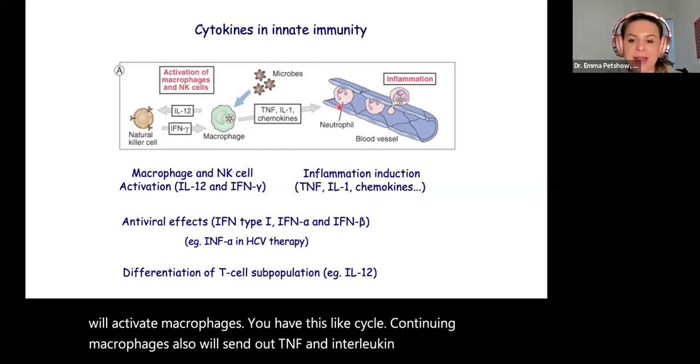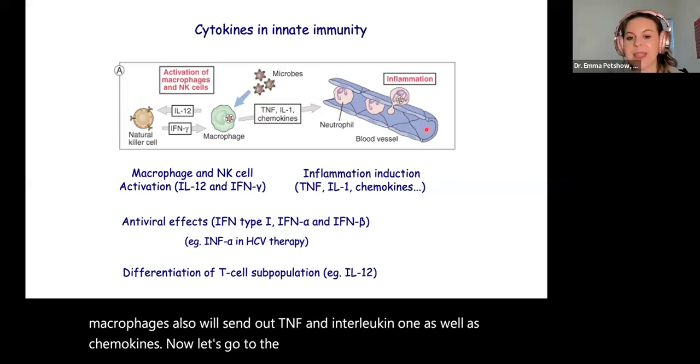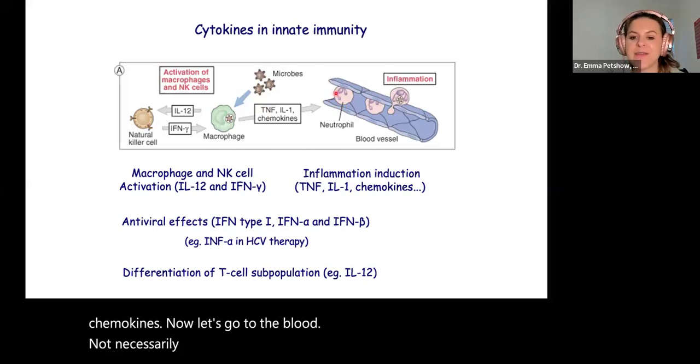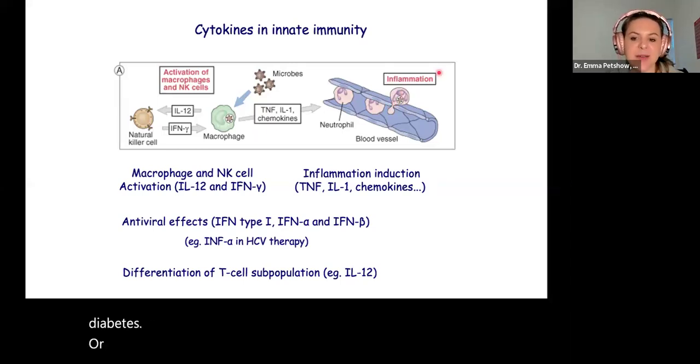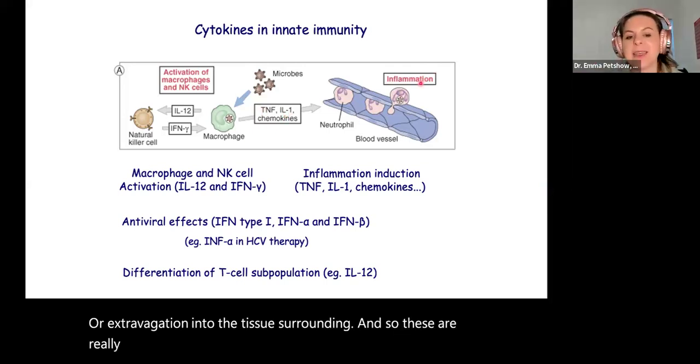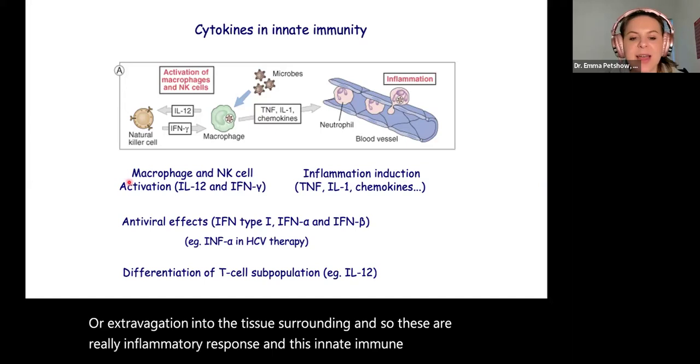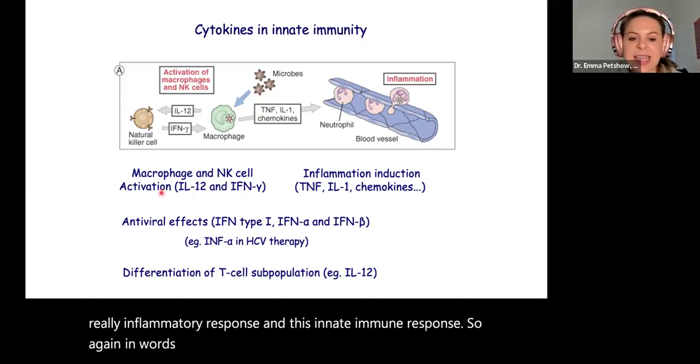Now let's go to the blood, not necessarily locally. And that's going to help neutrophils identify where to come to and where to move out of the blood vessel via diapedesis or extravasation into the surrounding tissue. And so these are really your inflammatory response in this innate immune response. So again, in words, macrophage and natural killer cell activation is IL-12 and interferon gamma.